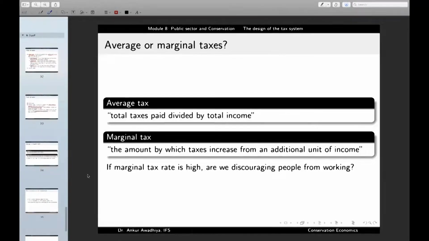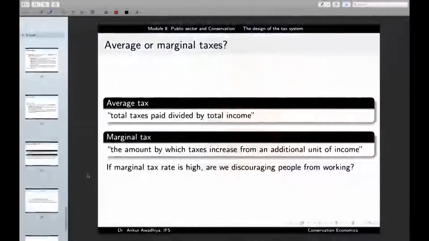Another consideration is, should we aim at average taxes or marginal taxes? Average tax is total taxes paid divided by the total income, which means that if you are earning 100 rupees and paying 10 rupees, then your average tax is 10%. Marginal tax, on the other hand, is the amount by which taxes increase from an additional unit of income.